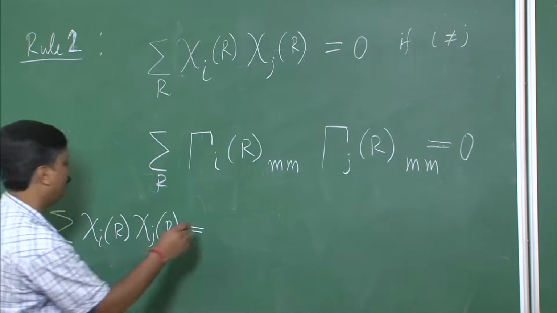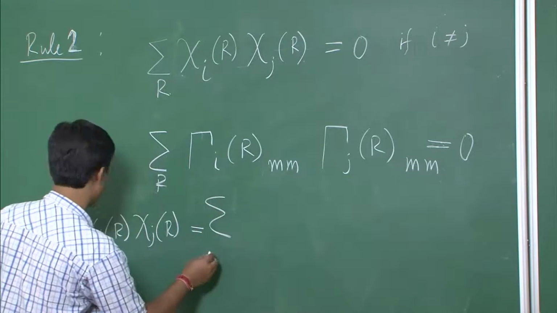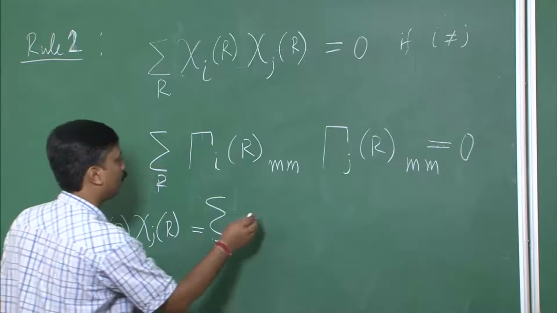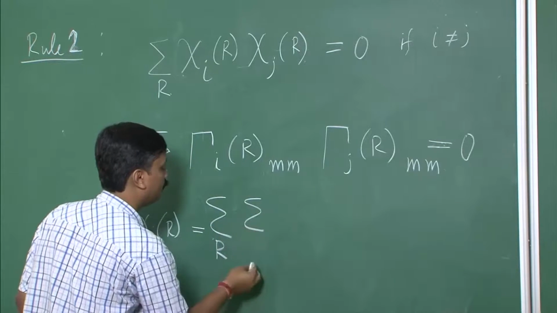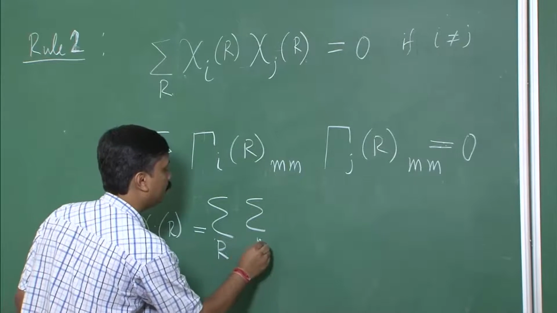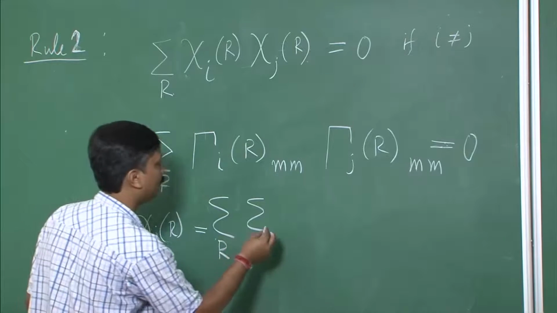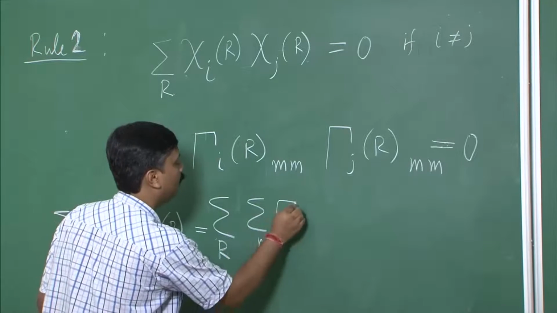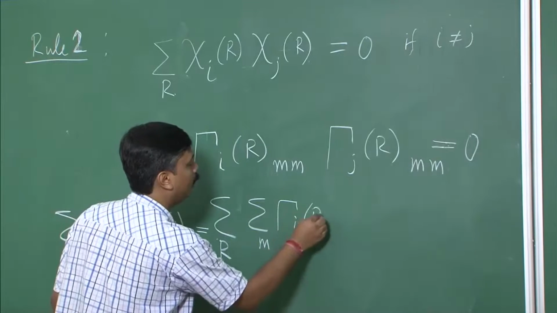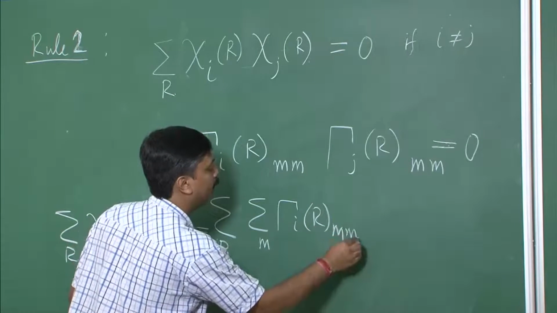So if I write that, chi I of R is the sum over m of gamma I of R m m.